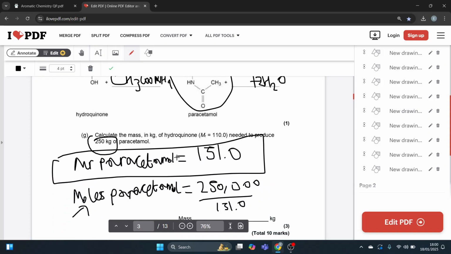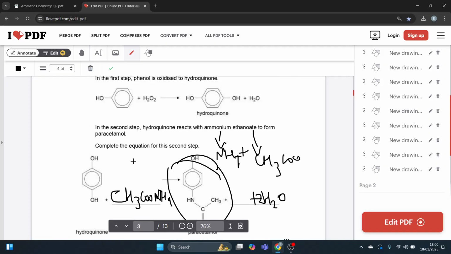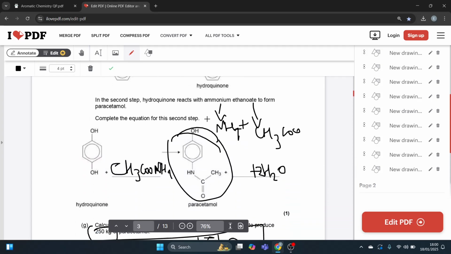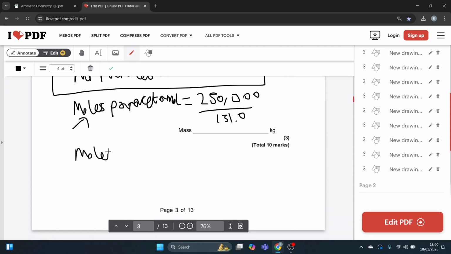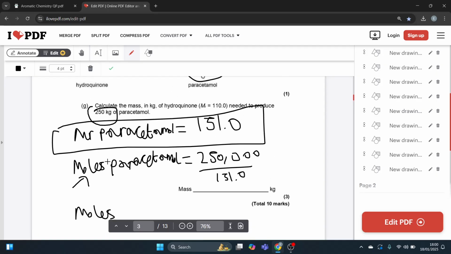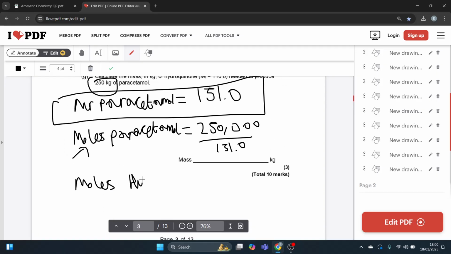I want to calculate the mass of hydroquinone. So I can clearly see it's a 1-to-1 molar ratio. So the moles of hydroquinone is the moles of paracetamol.